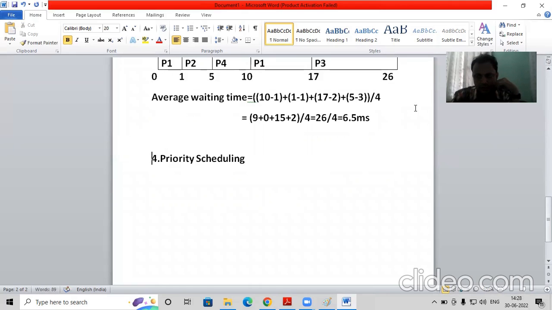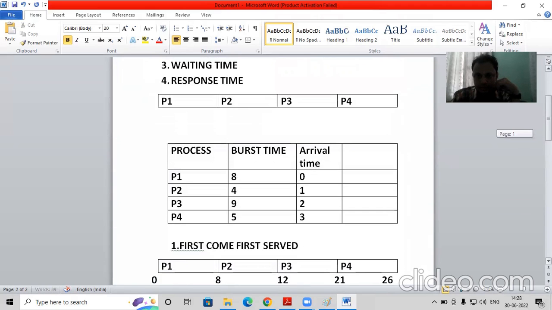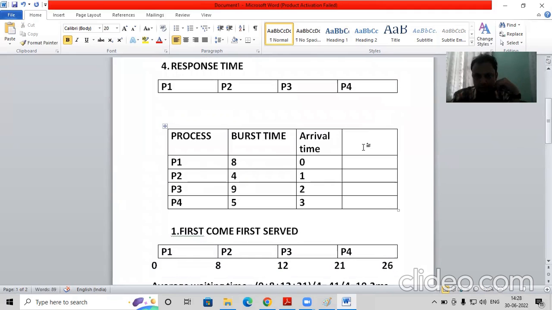Priority scheduling means here priority will be set for each process. Suppose some priorities I'm giving: 3, then 5, then priority 1, then priority 2.